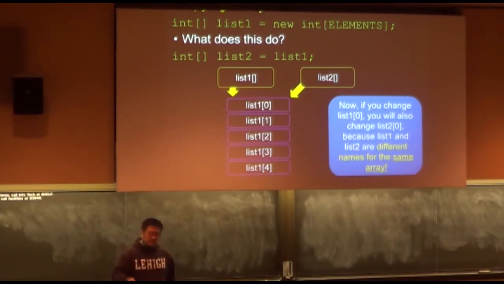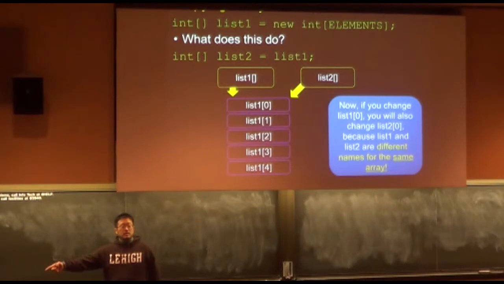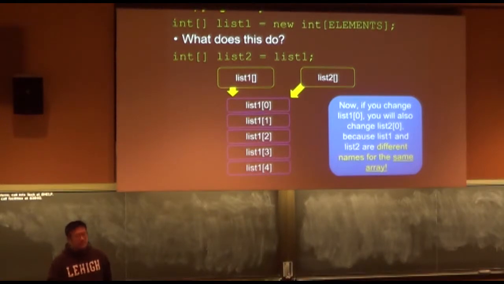And that's because the identifier that you have for the array is only a pointer. It only points to the place in memory where you have that array. And this concept nails people on exams over and over again, and it actually creates many, many bugs in software. So I want everybody to be really aware of this.